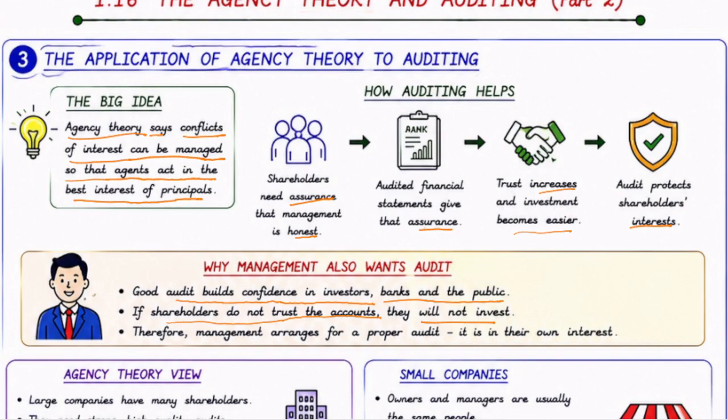And what can make investors invest more is when there is an assurance on the financial statement prepared by them, that what they have prepared is true and fair. So you see how the conflict of interest can be managed.